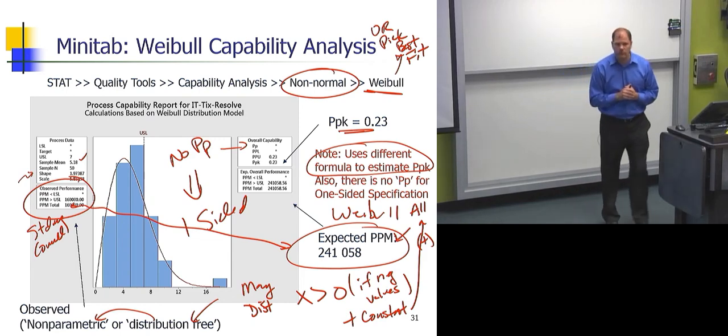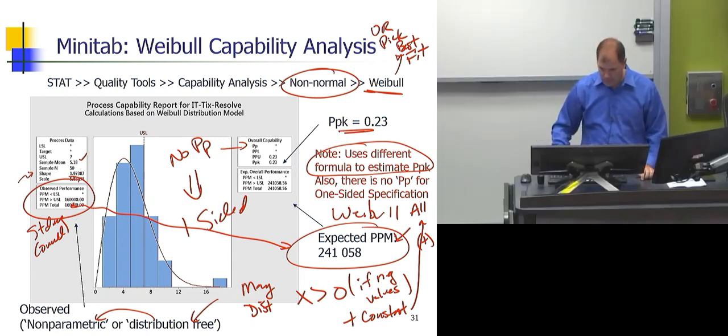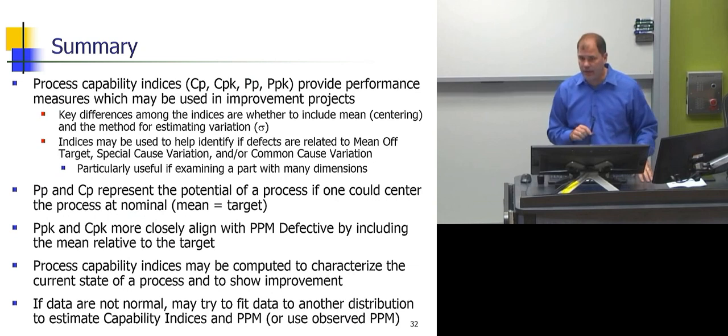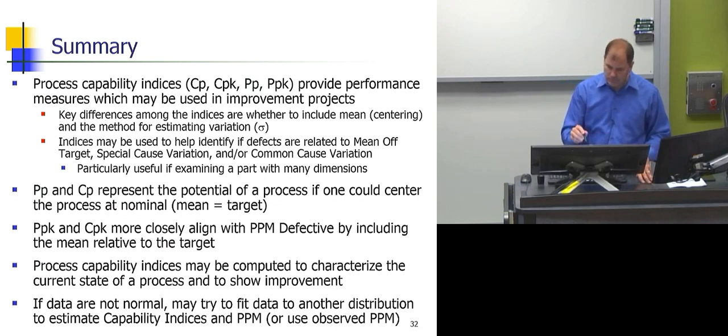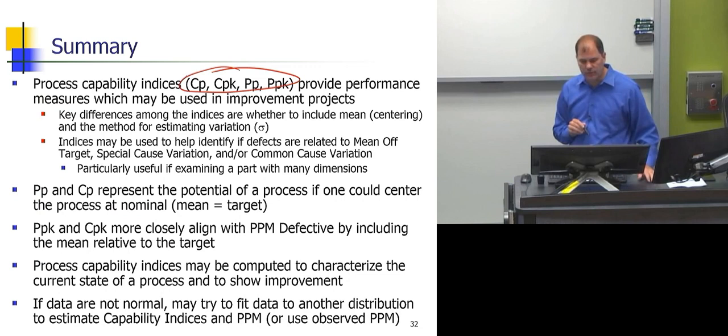Questions on that? All right, we covered a lot of things. It's worth it to make sure that we're clear on what are the most important things to remember. I will expect you to know the difference between these 4 indices. I will expect you to know whether or not you include the mean or which technique you use to estimate variation.